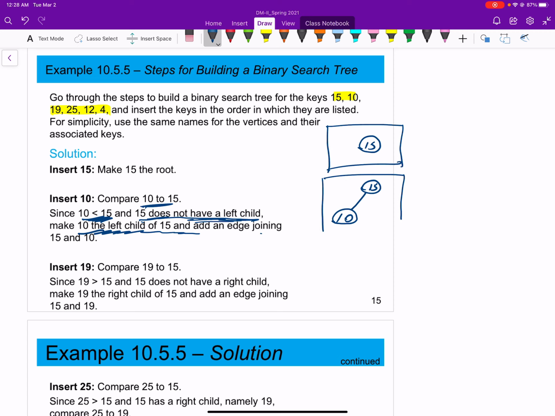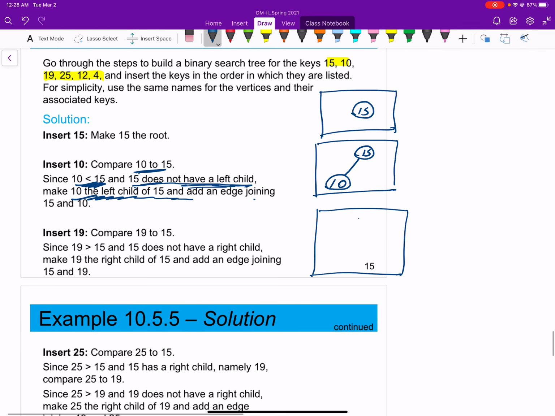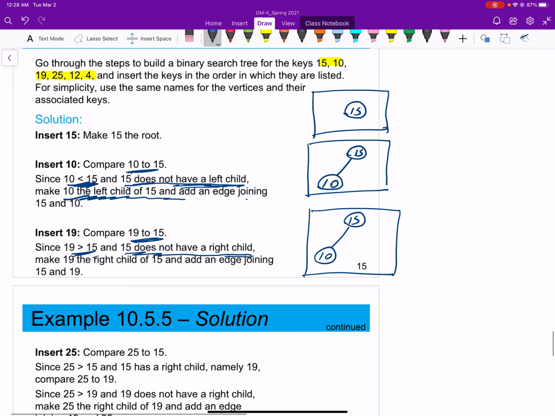First case, second case, and the third case. You have 15 here, you have 10 there, and then you have to take 19. All right, 19 is greater than 15, and 15 does not have a right child, so you make 19 the right child of 15.